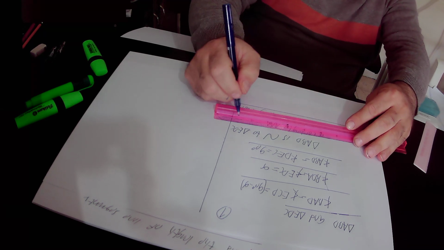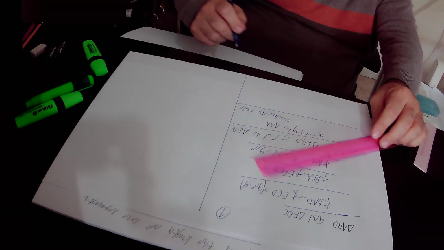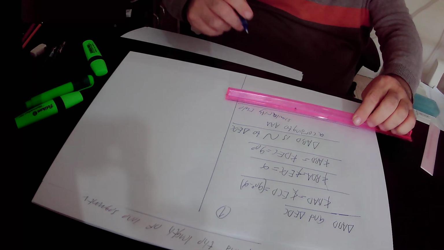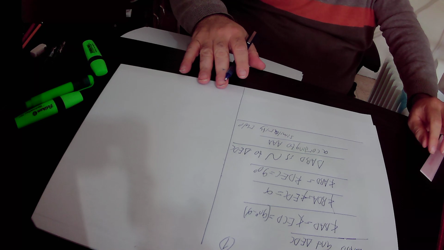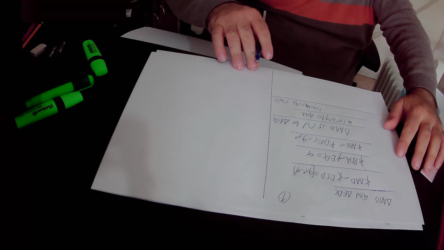Then, from the fact that the two green triangles are similar to each other, we will conclude that the following relationship exists between their sides.